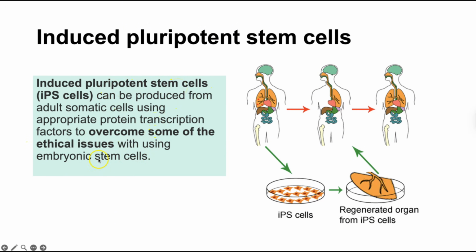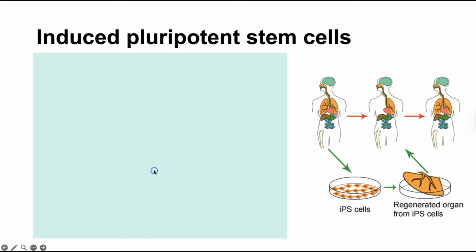And this overcomes some of the ethical issues because you're not then creating a clone embryo, doing therapeutic cloning, and you're then not destroying embryos. You're getting permission from an adult, taking some of their body cells and reverting them back into a pluripotent state.